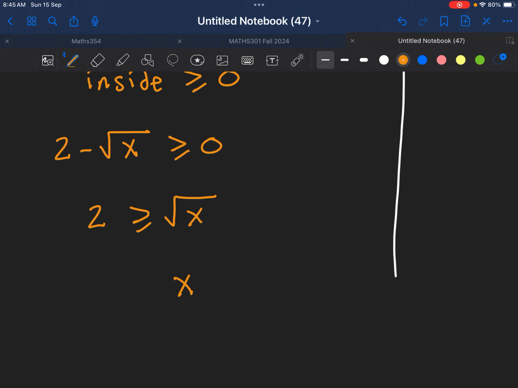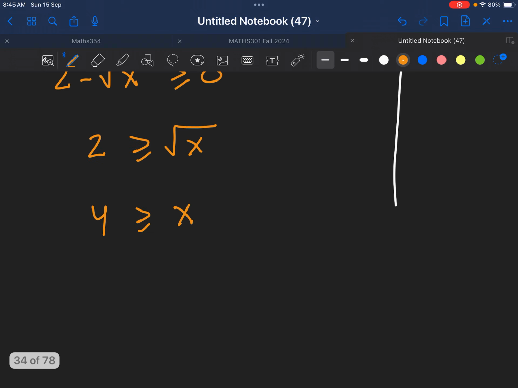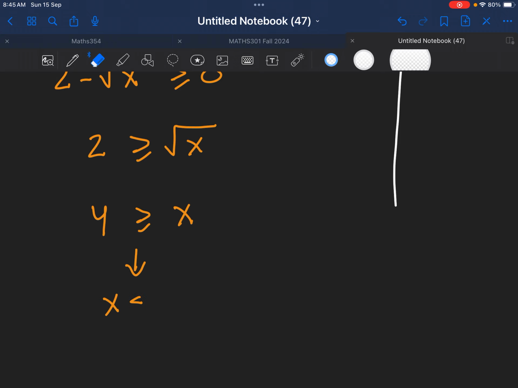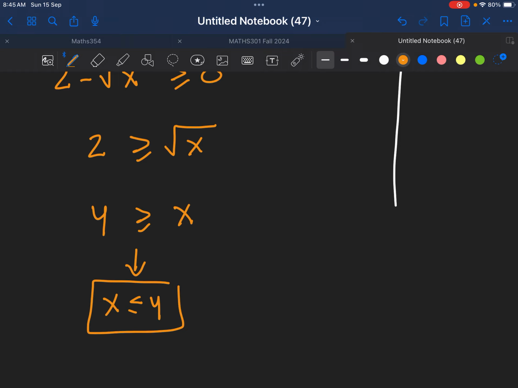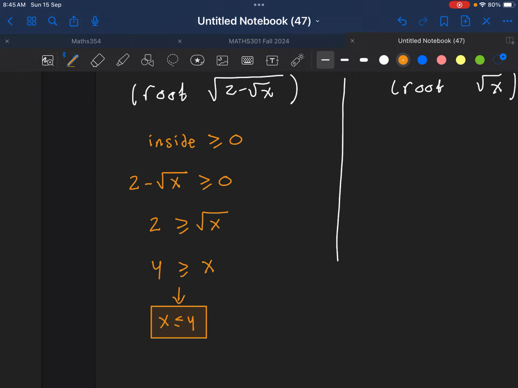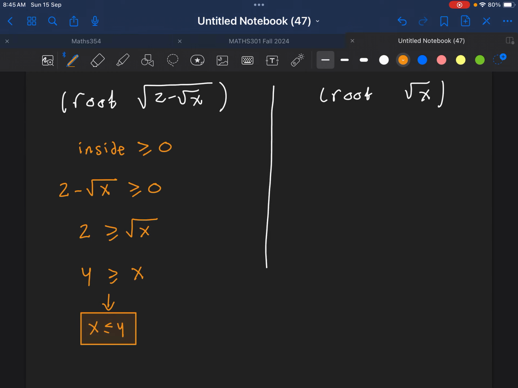Now, if we want x alone, we square everything. So that means x is less than or equal to 4. That's the first part. Inside is greater than or equal to 0, and we separate x.